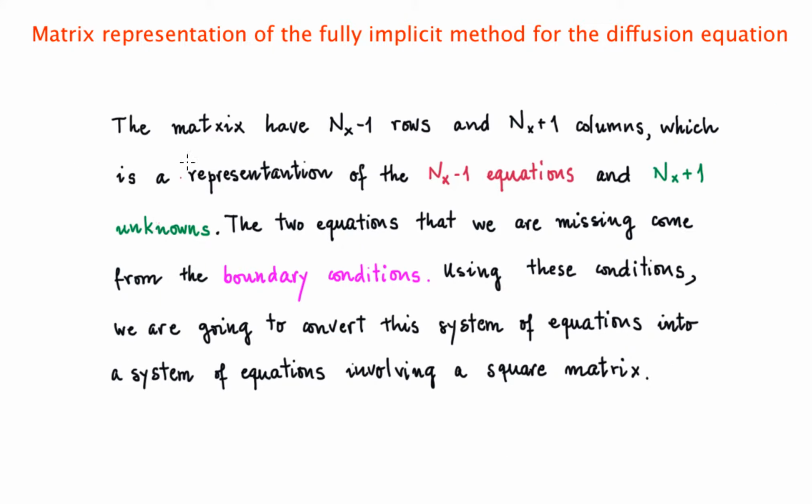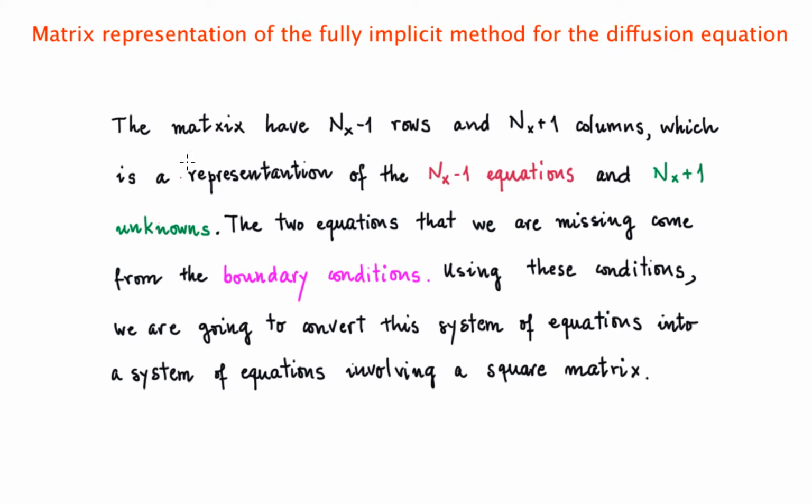But we have nx plus 1 unknowns, because we have to take the u value at nx plus 1 different space points, if we are considering that the number of space steps is nx.